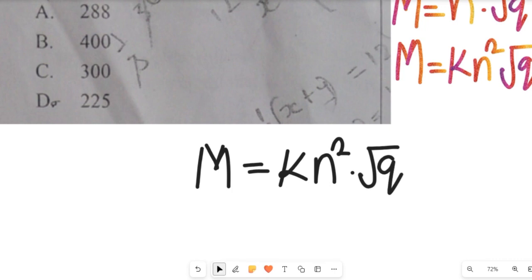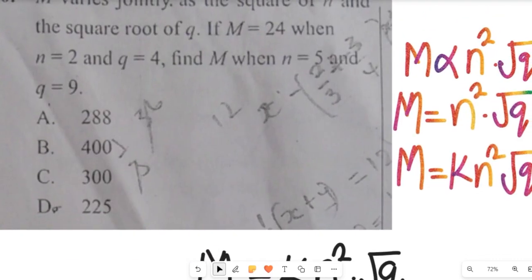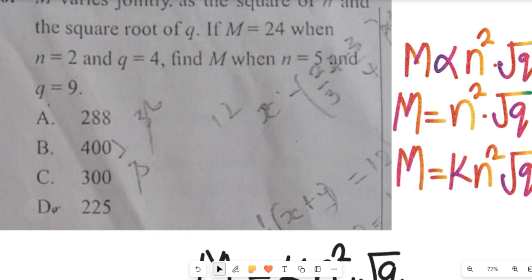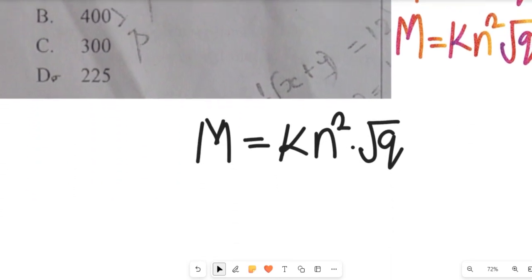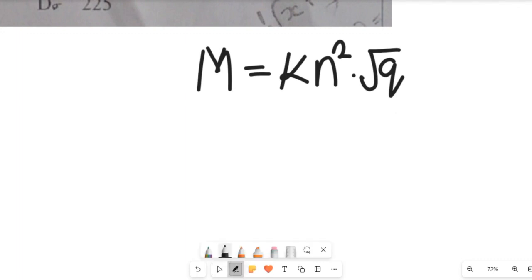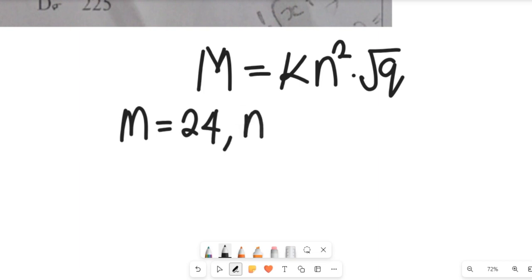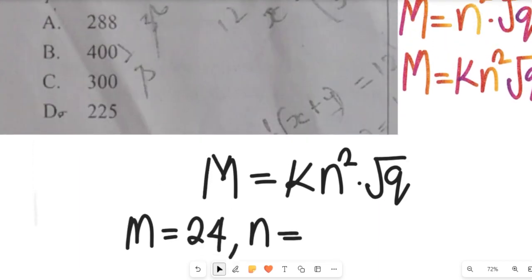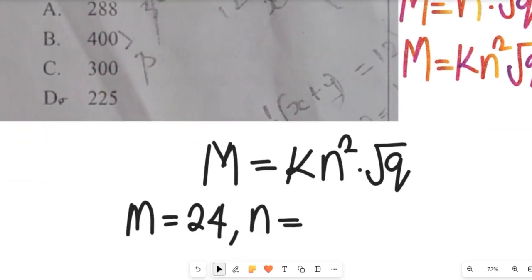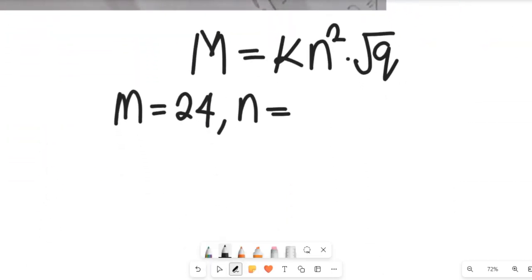Now, from that expression, we are told that if m is equal to 24 and n is equal to 2 and q is equal to 4, we'll then look for the value of k. So from that expression, m is equal to 24, n is equal to 2 and q is equal to 4.